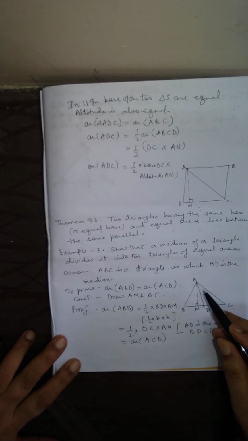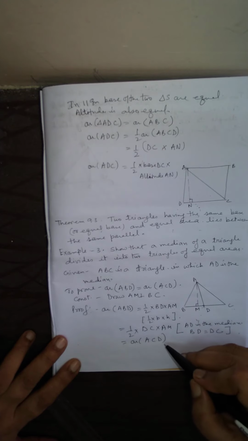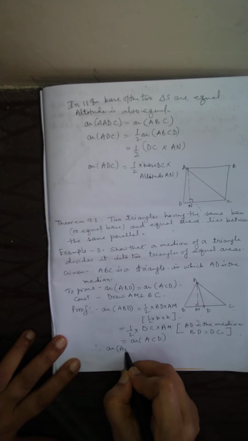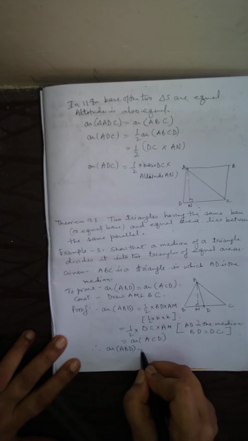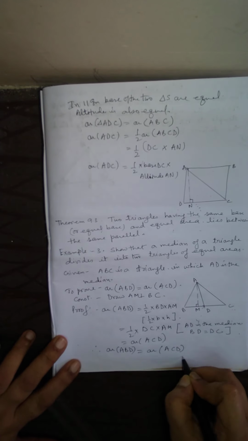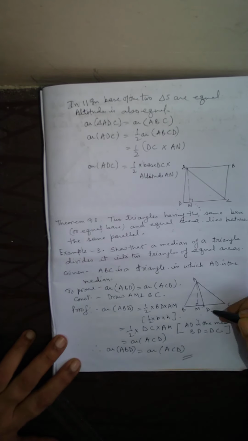Half base into height, that is area of ACD. Therefore, area of ABD equals area of ACD. Or we can say a median divides a triangle into two triangles of equal area.